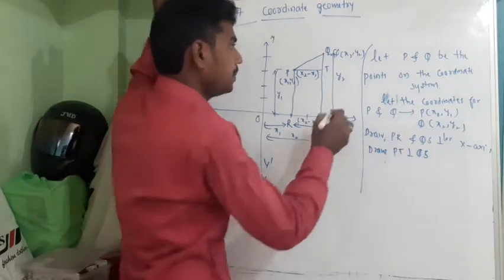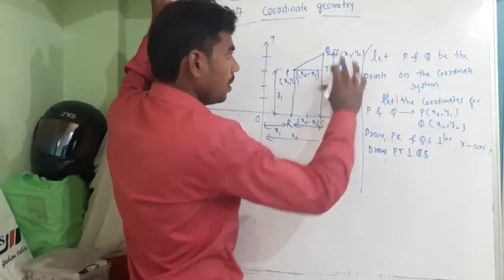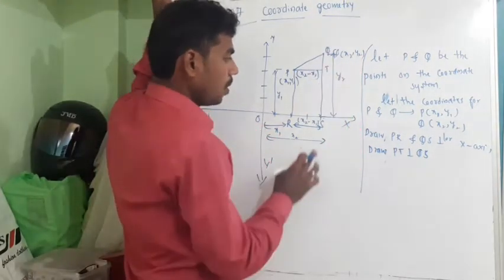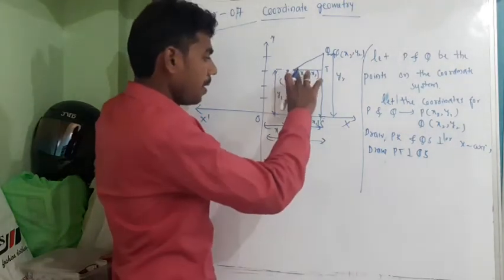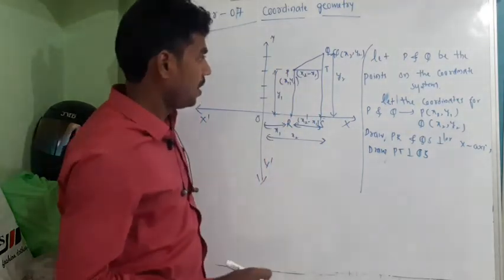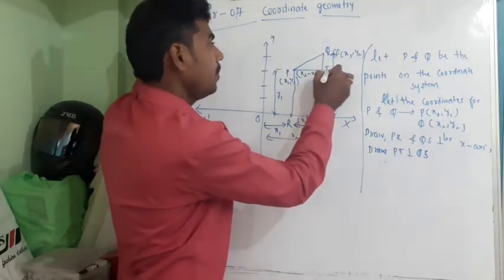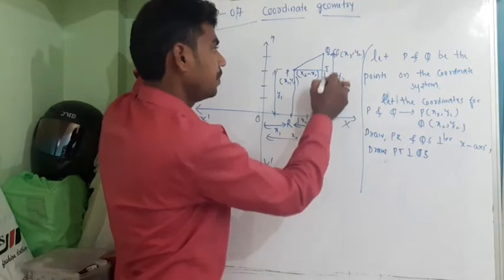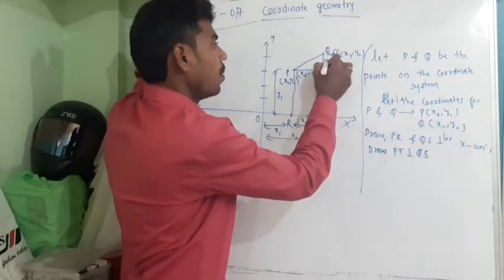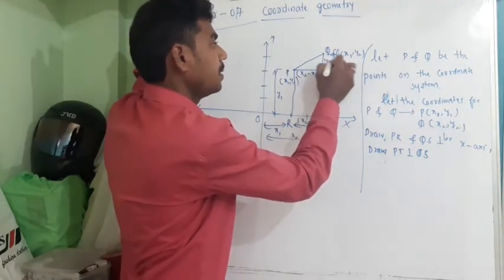Okay, then you know QS is equal to y2 and PR is equal to y1. Then QT will be equal to y2 minus y1.